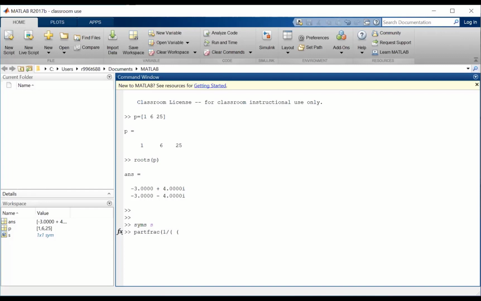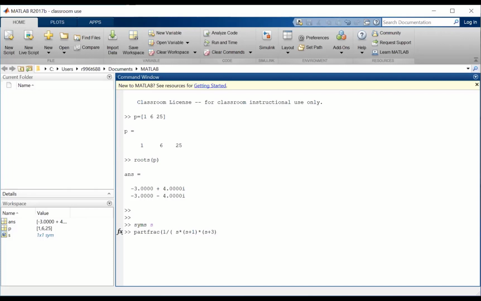I'm going to do the first homework problem, which was 1 over s times s plus 2 times s plus 3. So I do 1 over s times, need my parentheses, s plus 2. Sorry, 3. Did I get that right?